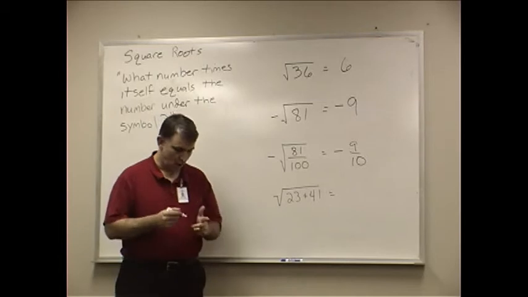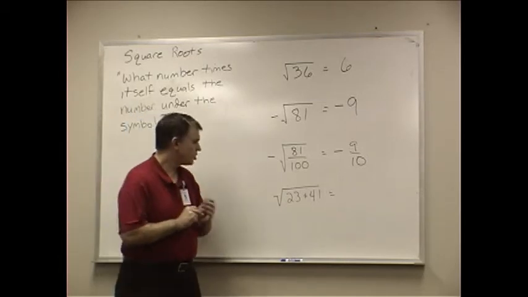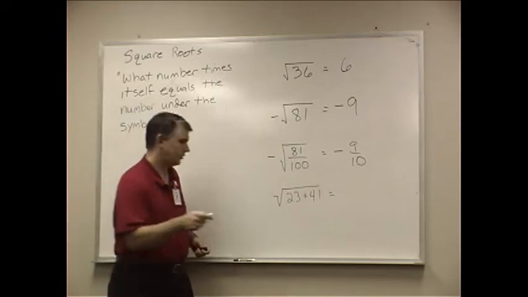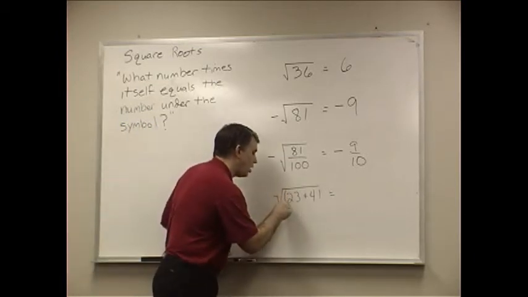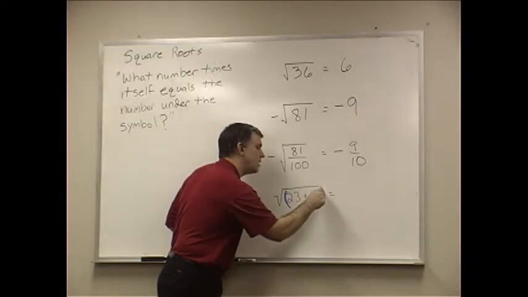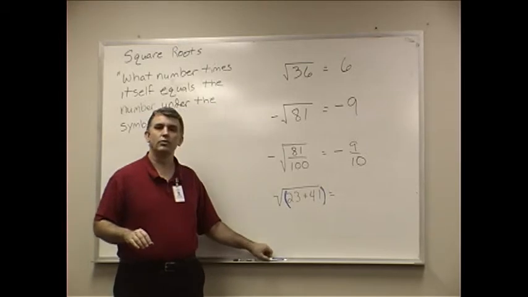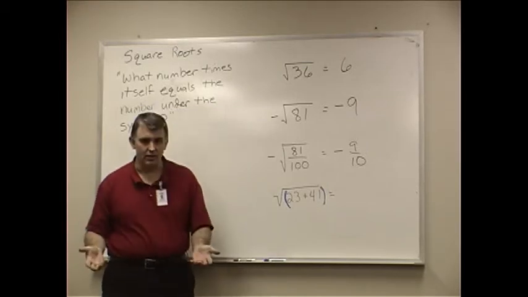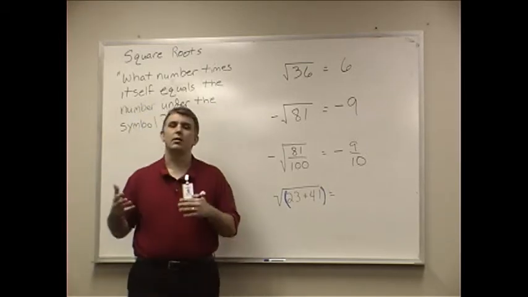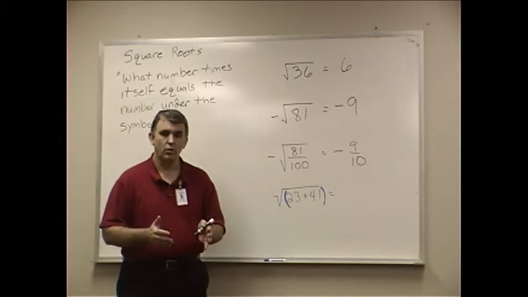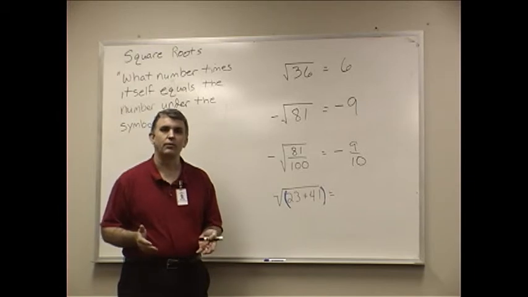Now, the last one up here, there's a little addition on the inside of it. We don't really talk about this, but on all square roots, if there's something to do on the inside, it's like there are some understood parentheses there. And although we haven't talked about order of operations yet, you should know that you always do what's inside the parentheses first.